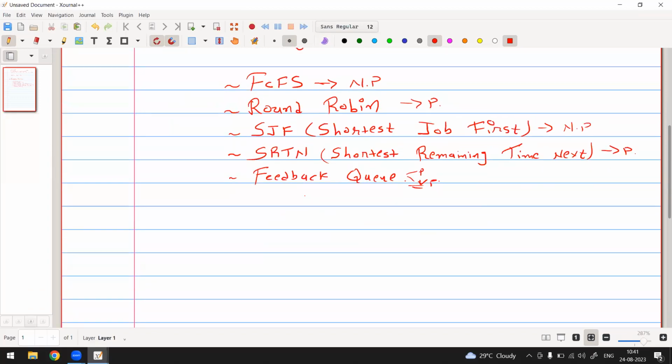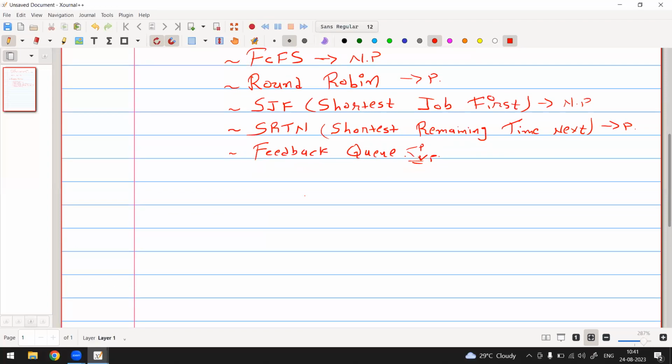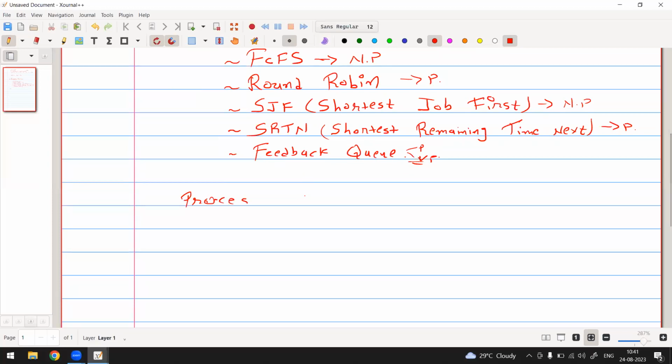So basically, one table will be given like this, that will be your process, its arrival time in the system, and then there will be one column which we call CPU burst, or execution time.